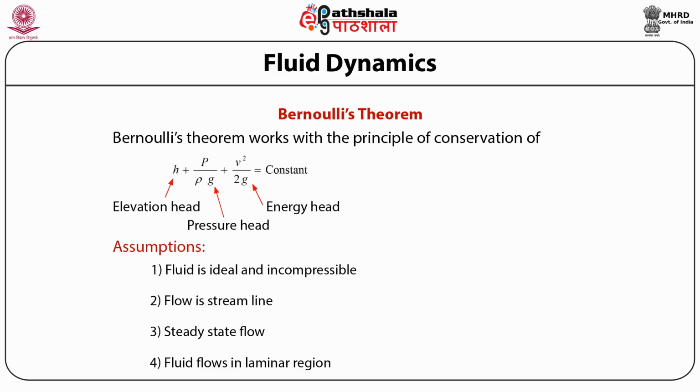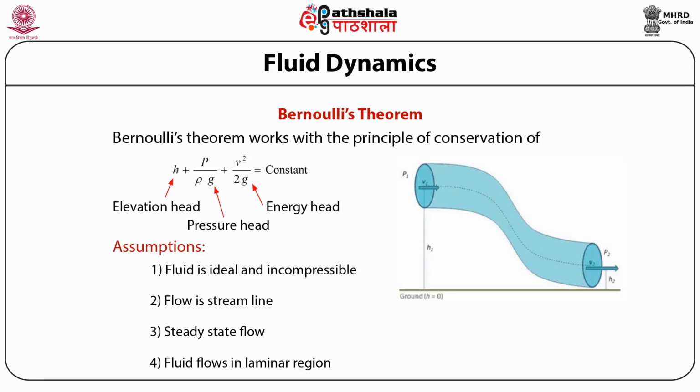The energy head thus is represented as V square by 2g. If we consider 2 points as shown in the figure, then we say that H1 plus P1 by rho g plus V1 square by 2g must be equal to H2 plus P2 by rho g plus V2 square by 2g.